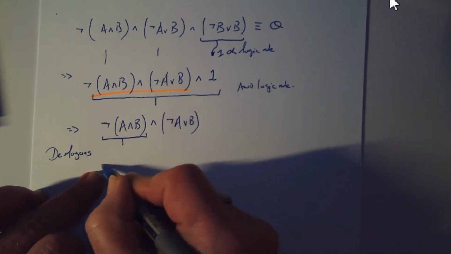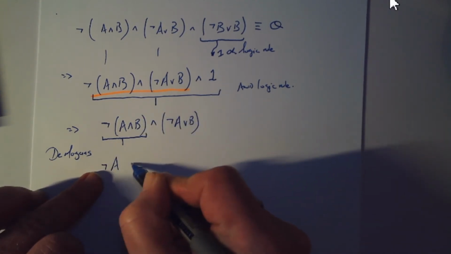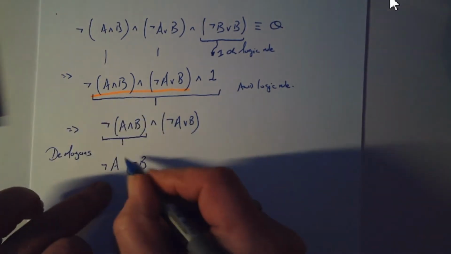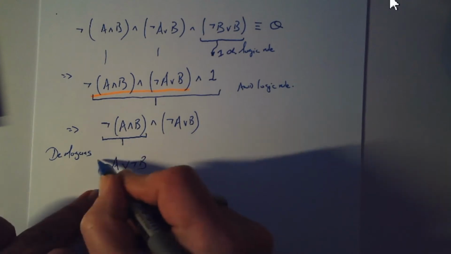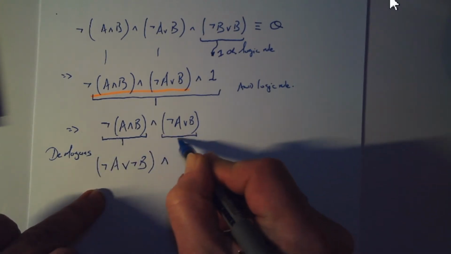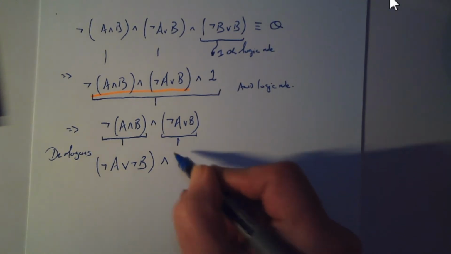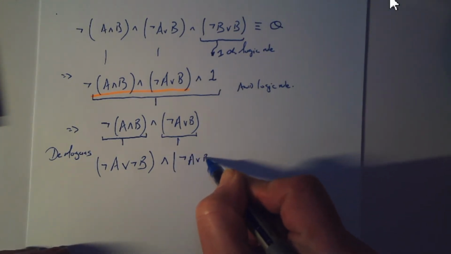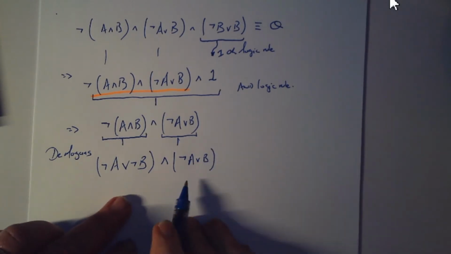So we're going to get negative A and negative B. We just need to remember that this changes from an AND to an OR. There we go, so I'm going to pop those in brackets. And then of course this expression remains the same for the time being, so we're going to end up with negative A or B.